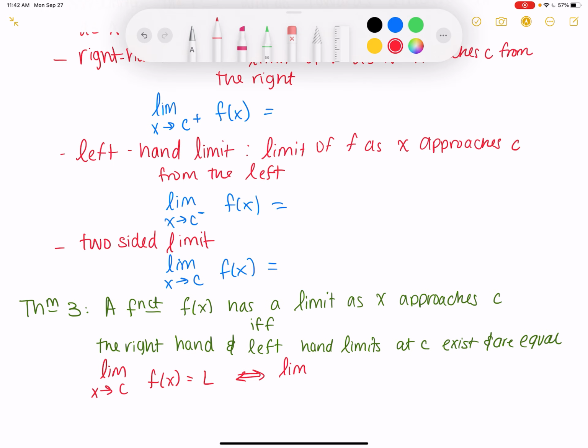So if and only if the limit as x approaches c from the right of f of x is equal to L and the limit as x approaches c from the left of f of x is equal to L.